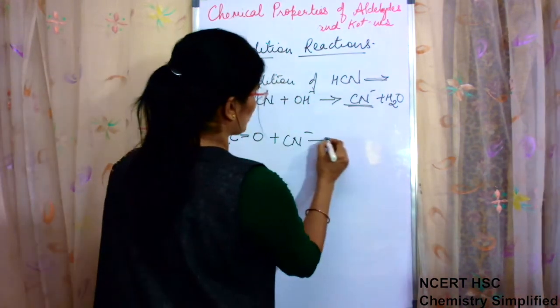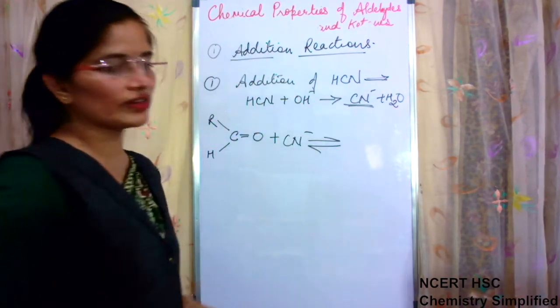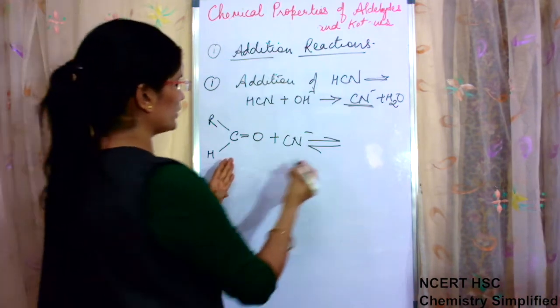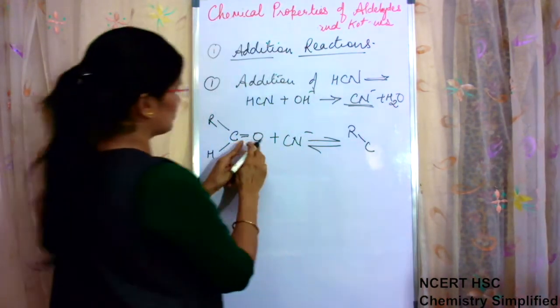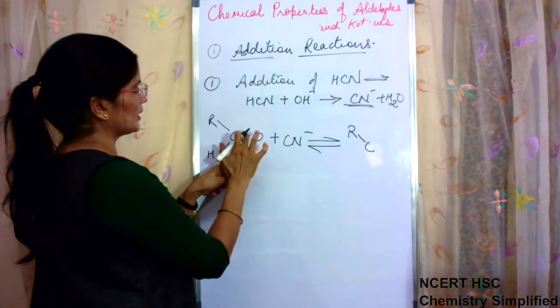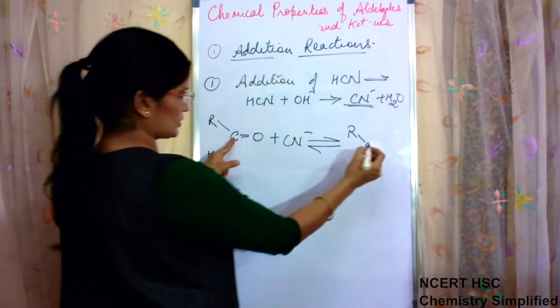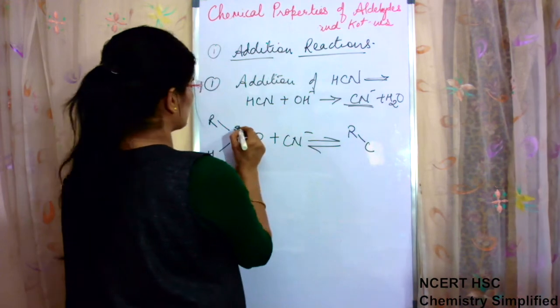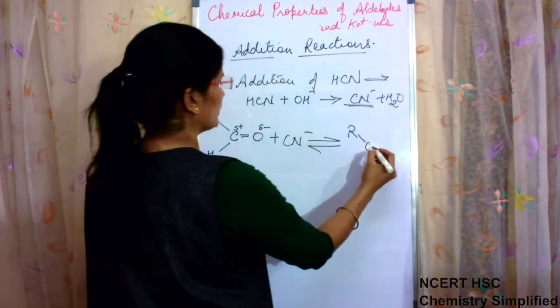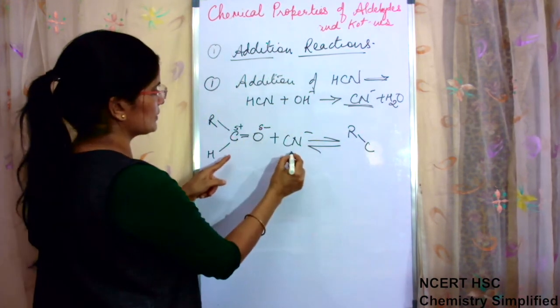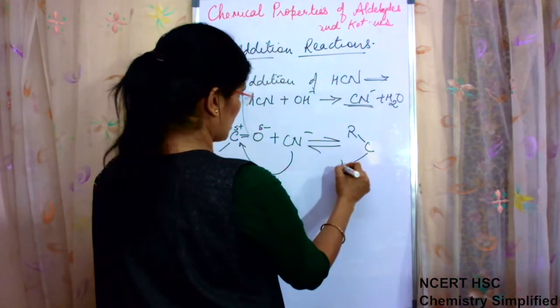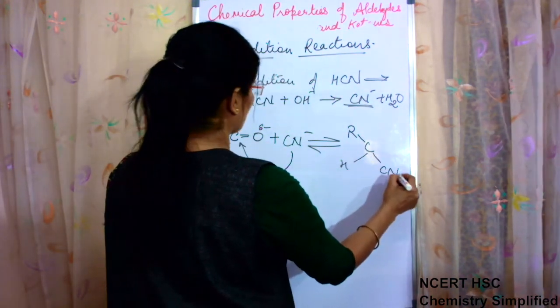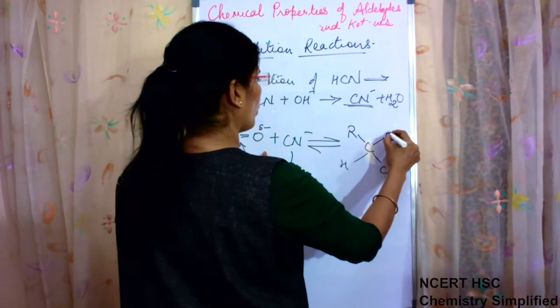Then I told you that these reactions are of reversible nature. So in the first step, what happens? The cleavage of the bond will be such that this will be negative and this will be positive, partial positive and partial negative. Because it is positive, this cyanide is going to attach to C. So this will be R, H, CN and O negative.